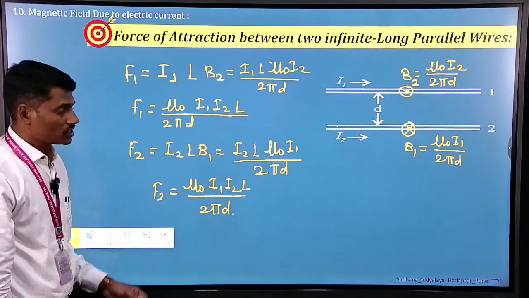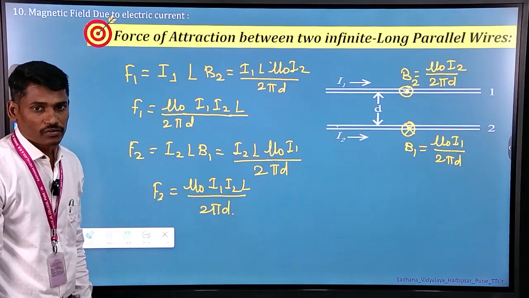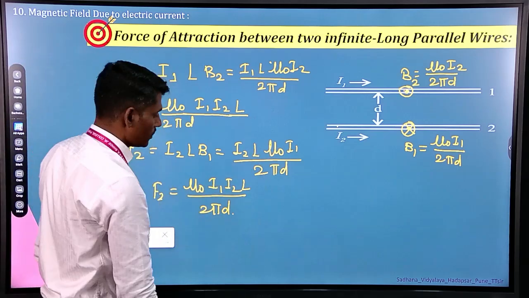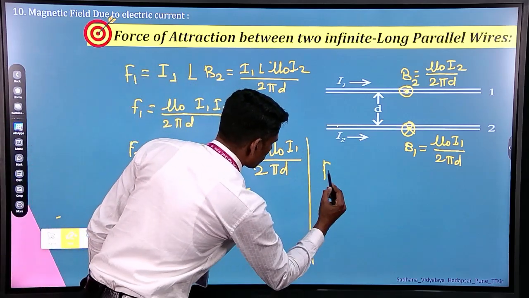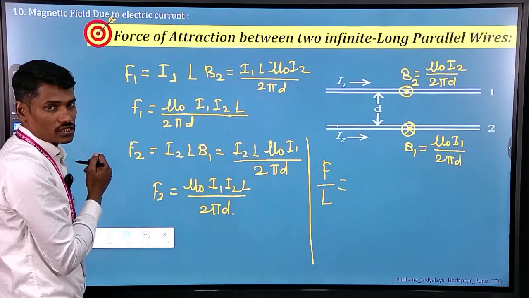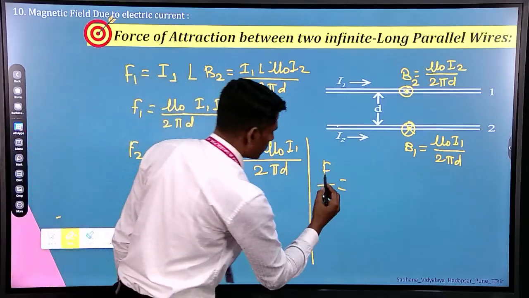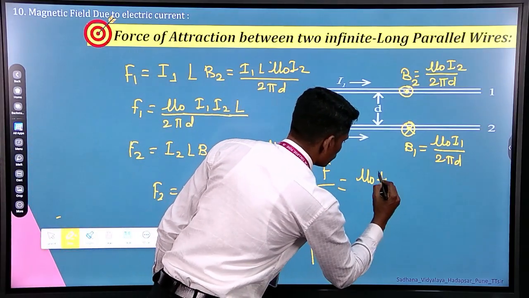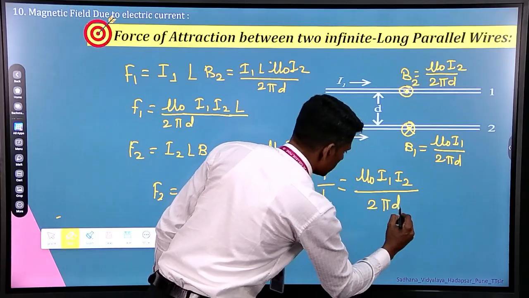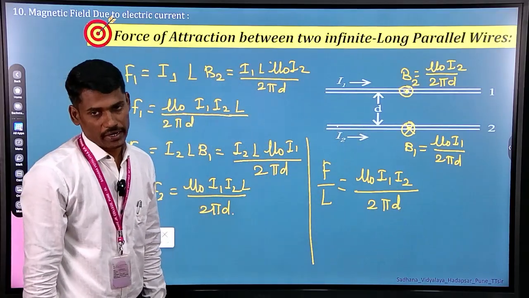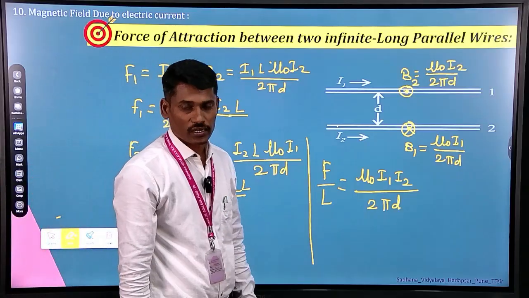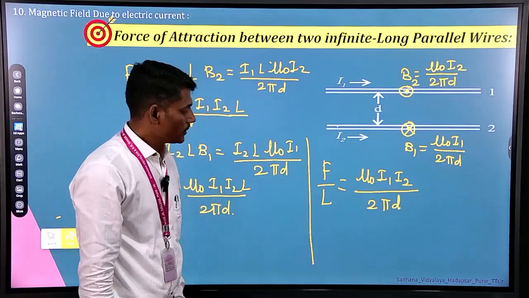So by using these two equations F1 and F2, we find out the force per unit length acting on these two conductors. Here we get force per unit length is equal to what? Here we divide this force by L, then the formula becomes F upon L is equal to mu0 I1 I2 divided by 2 pi d, and here d is the perpendicular distance between the two straight conductors, and I1 and I2 are the currents passing through those conductors respectively, right.